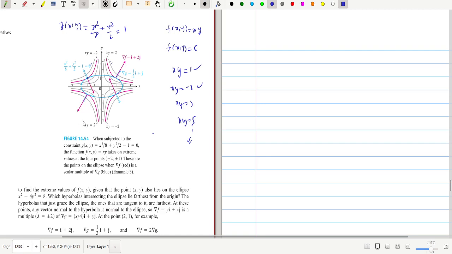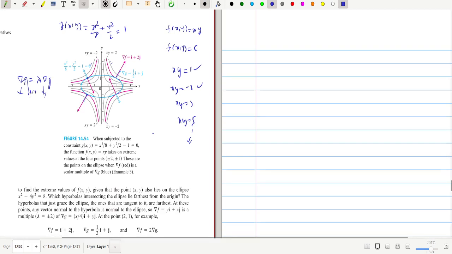At those points we can get del f equal to lambda times del g, because del f and del g give the normal at the point xy. If we evaluate del f at x comma y, that will give the normal at x comma y. If we evaluate del g at xy, that will give the normal at this xy for the curve g.